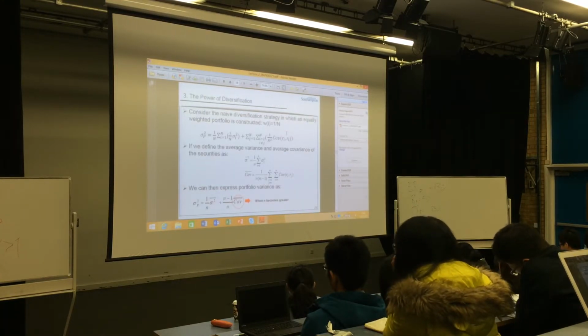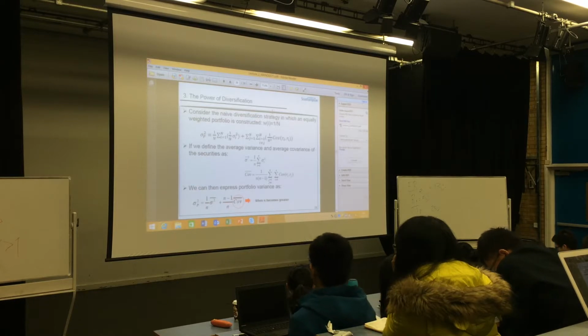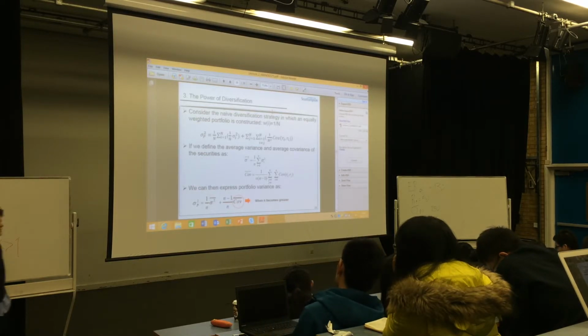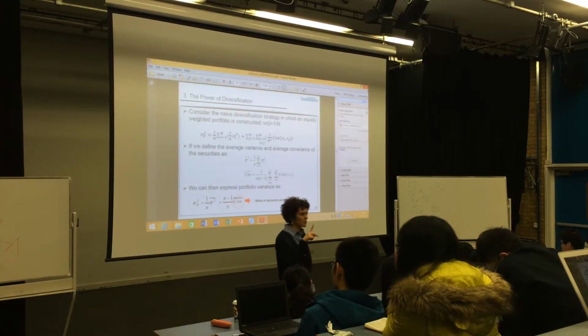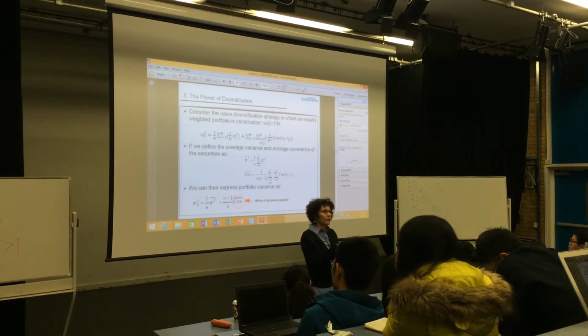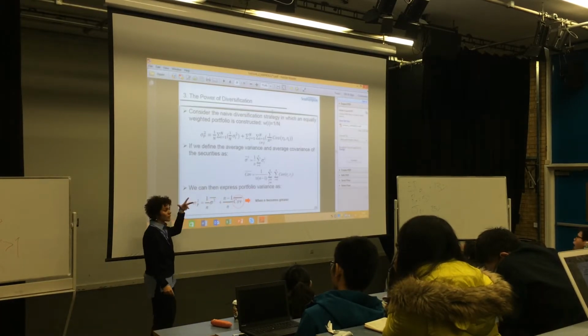So, just to give you an idea of the power of diversification: when we think about diversification, we have two different effects of diversification. One is given by the increase of the number of stocks in my portfolio.